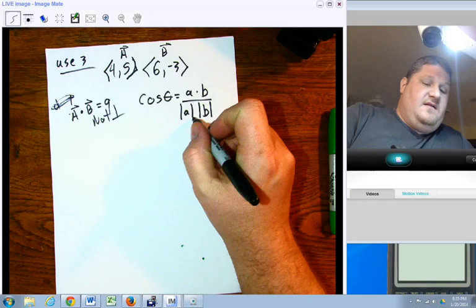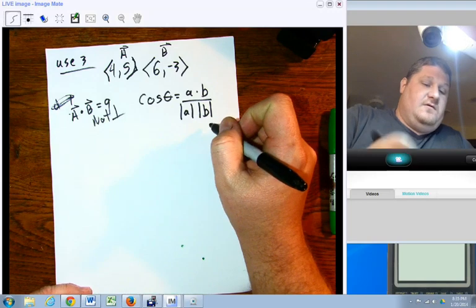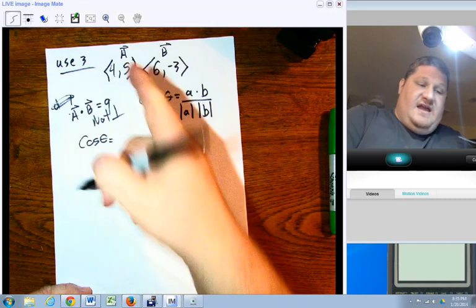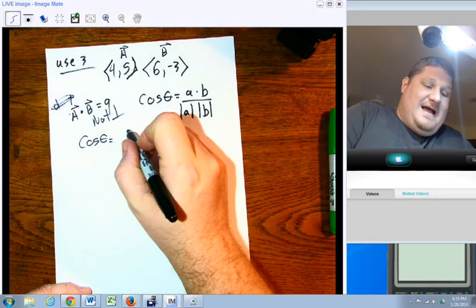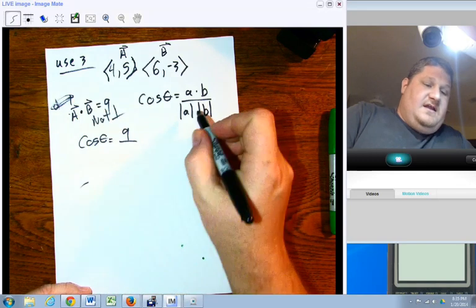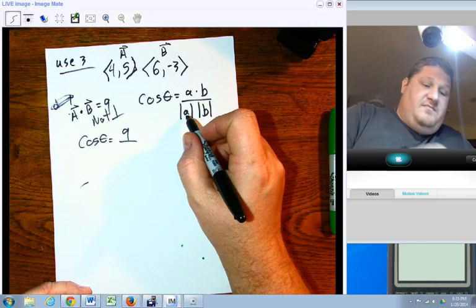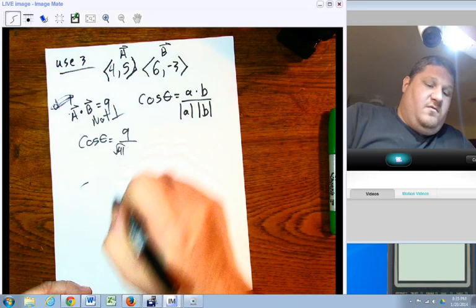Same idea. Absolute value means magnitude. So I say cosine theta equals A dot B. Well, I came up with 9 for that. And I need the magnitude of A. Well, the magnitude of A happened to be square root of 41.